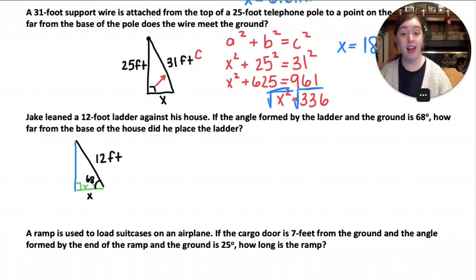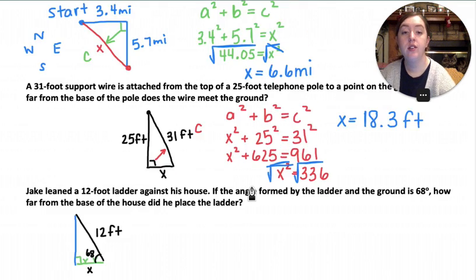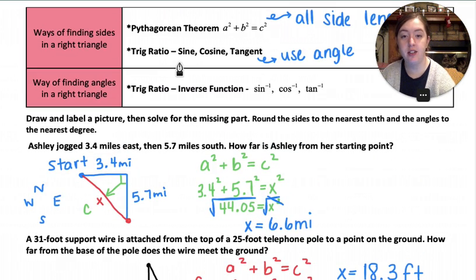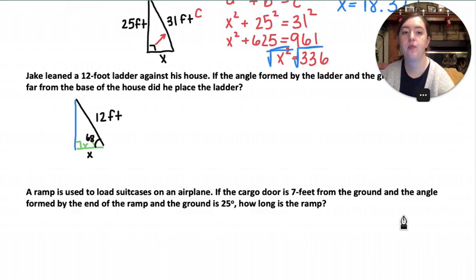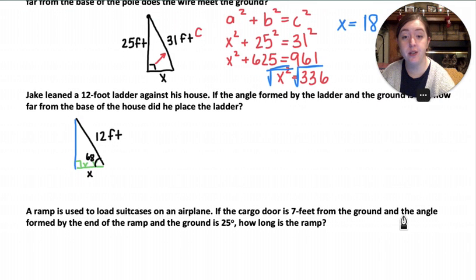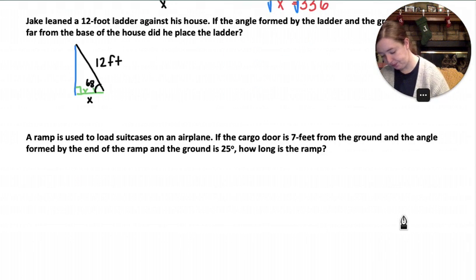This time I have an angle measure, right? So since I have an angle measure, I'm going to use my trig ratios, sine, cosine, tangent. So to use our trig ratios, what we need to do first is label our sides. Across from my angle is my opposite side.